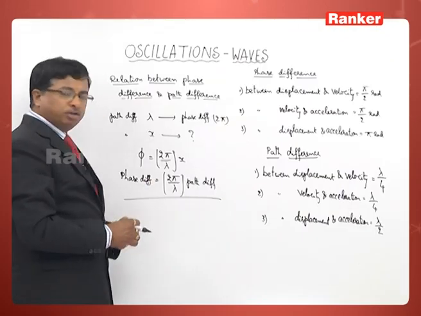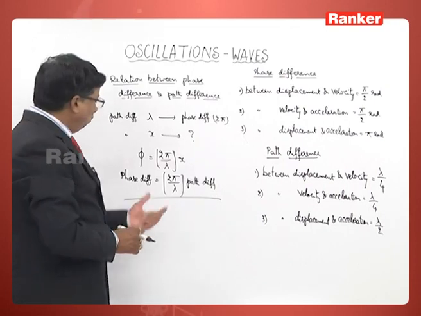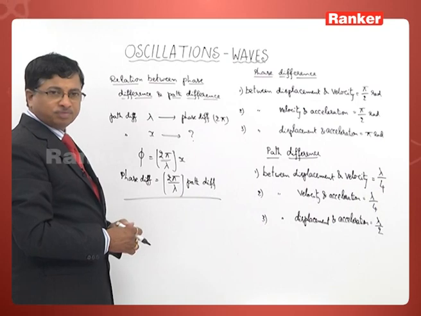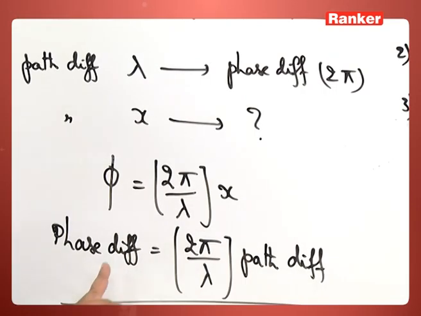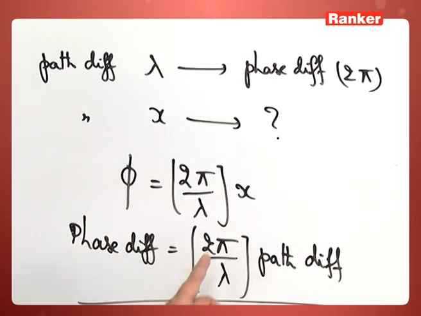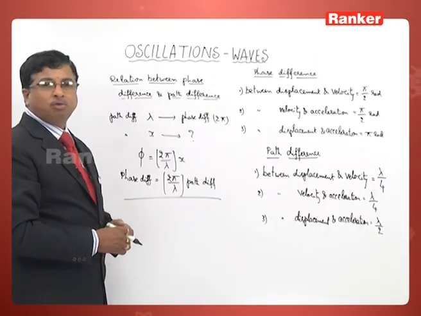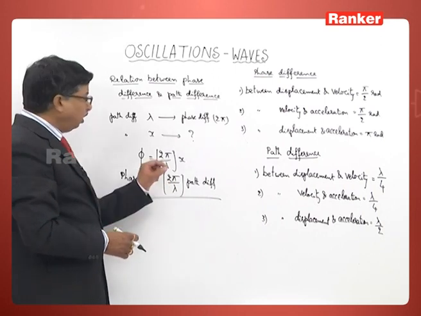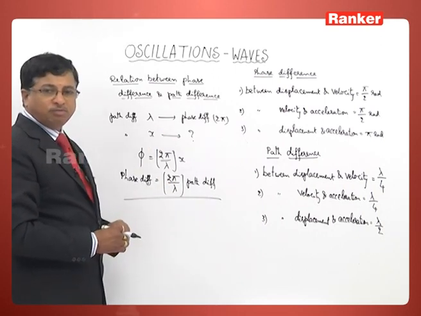From this equation, one can even understand the ratio of phase difference to path difference. Phase difference by path difference, which is the ratio, is equal to 2 pi by lambda. What is lambda there? It is called the wavelength of that wave considered.